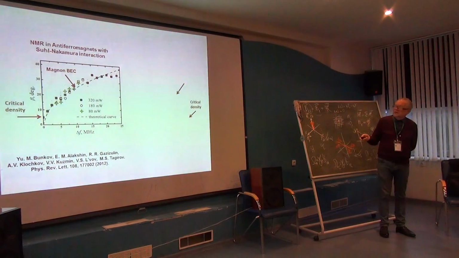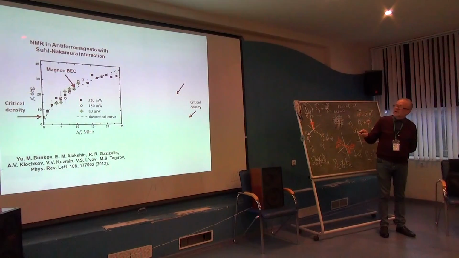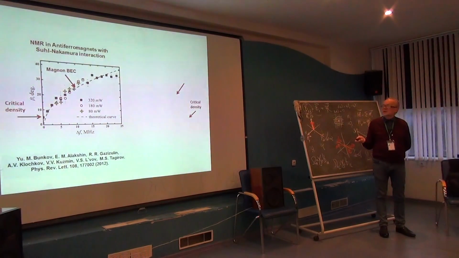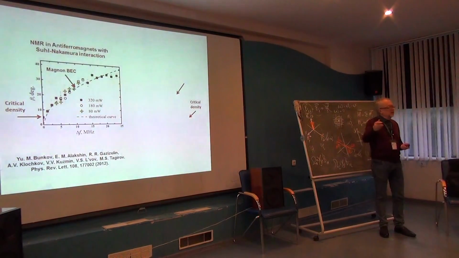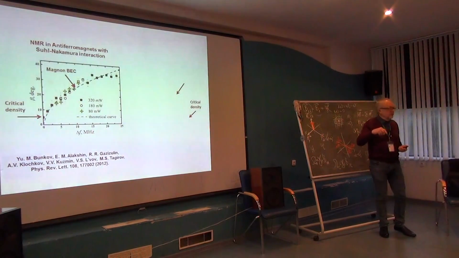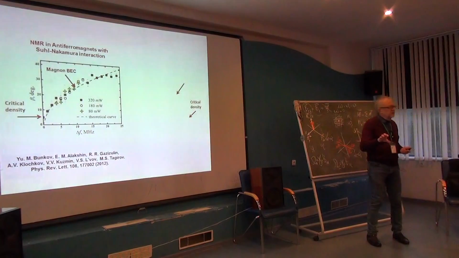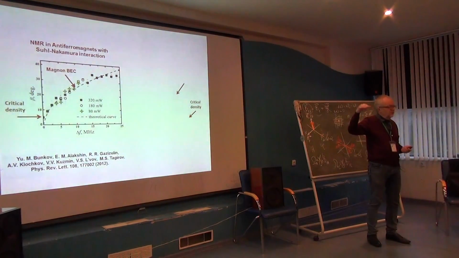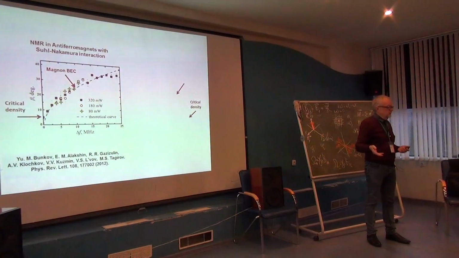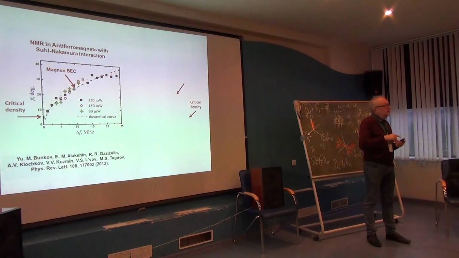Now, the same was found in antiferromagnets with Suhl-Nakamura interaction. Suhl-Nakamura interaction is the interaction between nuclear magnetic resonance of the nucleus and antiferromagnetic resonance of the antiferromagnet itself. There is a crossover, which gives the frequency shift.